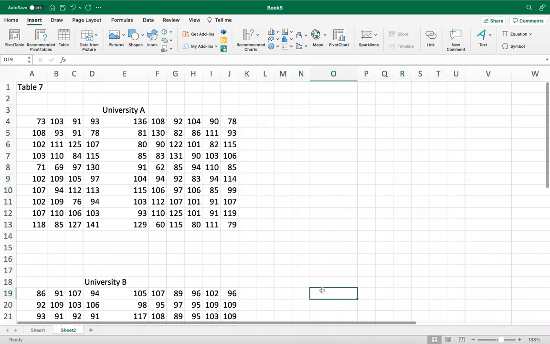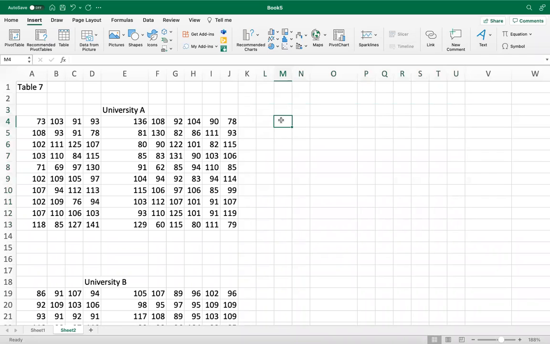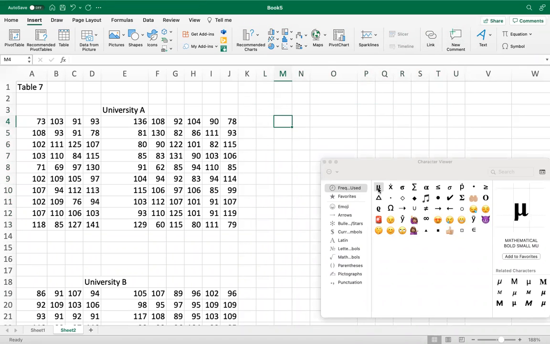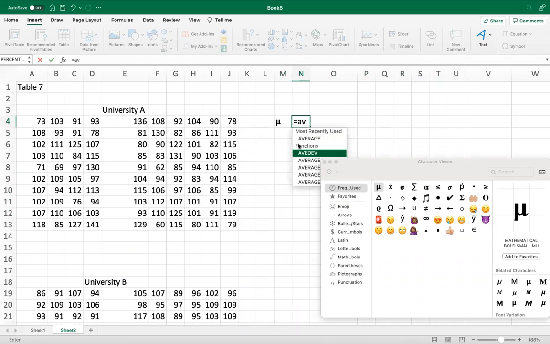All right, so now with this, since we're experts, let's find our population mean. So population mean. So equals average.